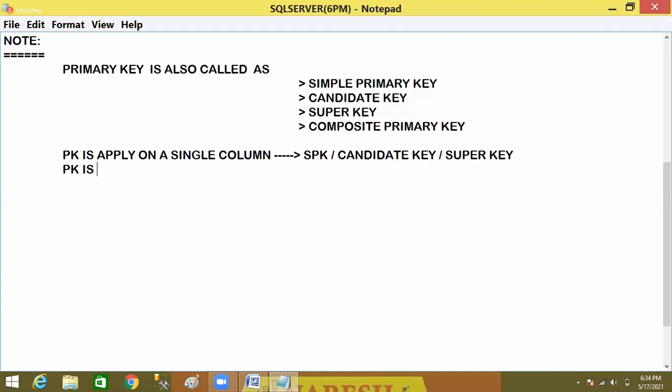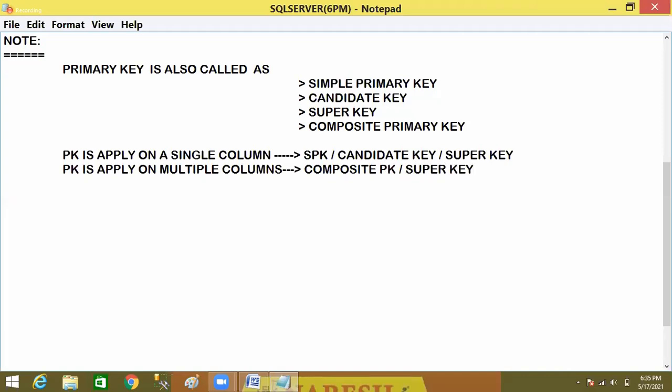Now, when a primary key is applied on a combination of multiple columns, then we call it a composite primary key, or else a super key.